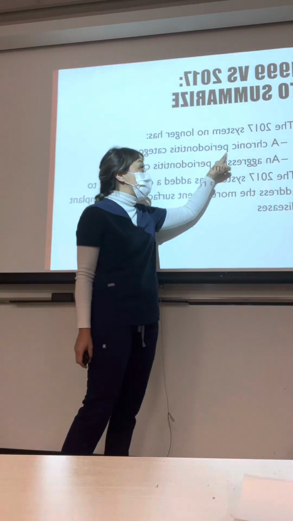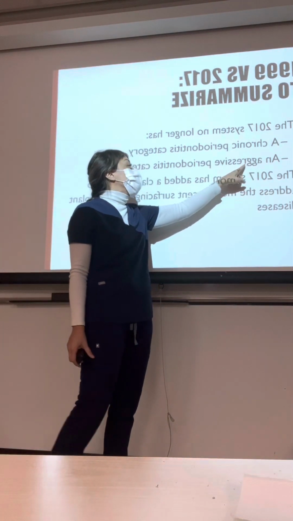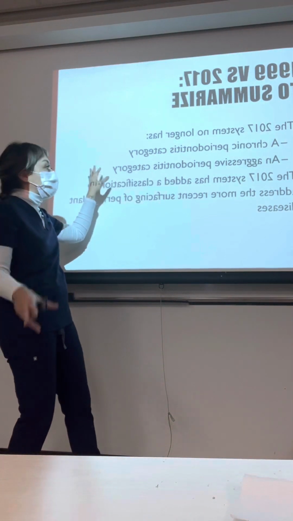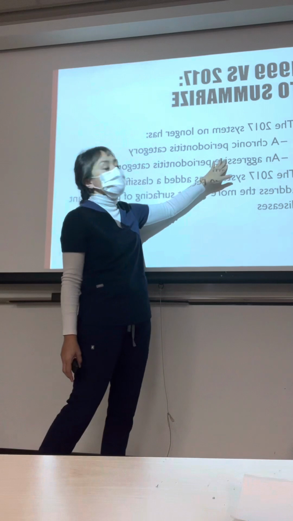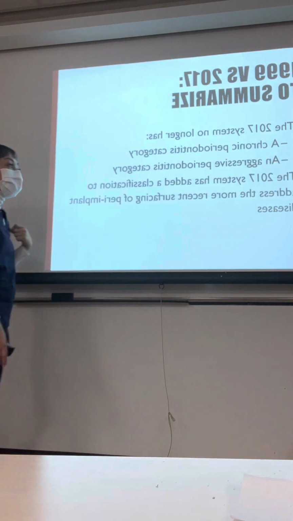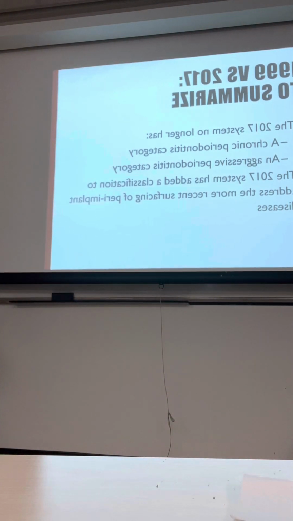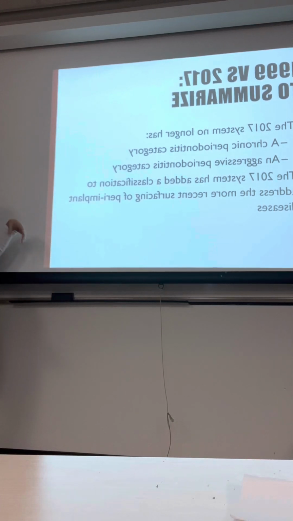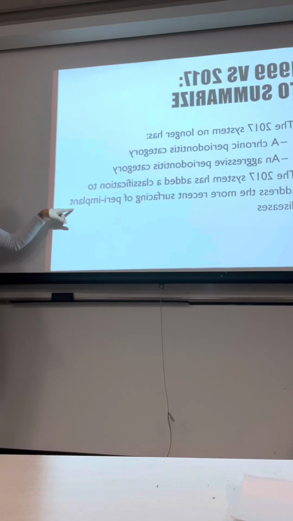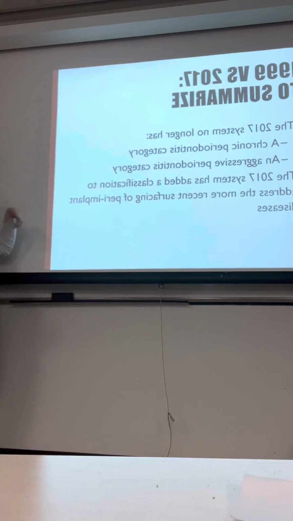But interestingly enough, you still need to know details about it, but just understand it's not its own category anymore. And then lastly, the biggest addition, I think this is why they really came together and reestablished things, was because implants are becoming more and more common, and they didn't know how to speak to it or diagnose it. So they added that whole implant section there.